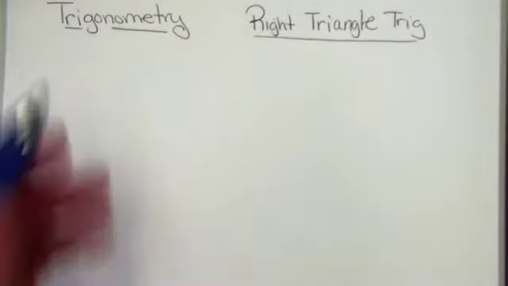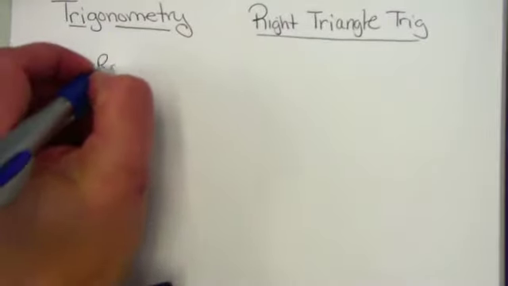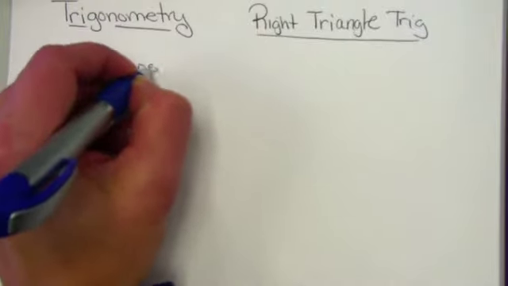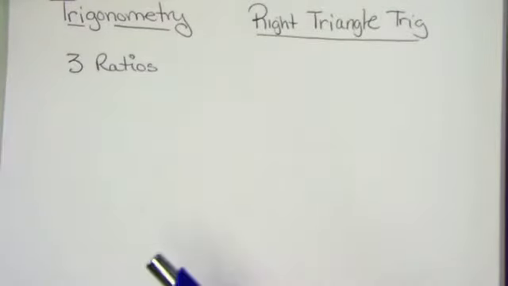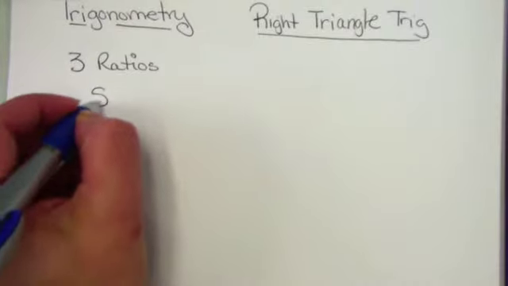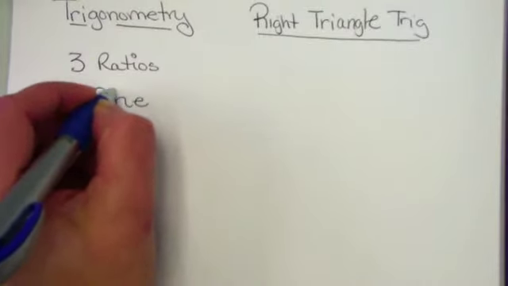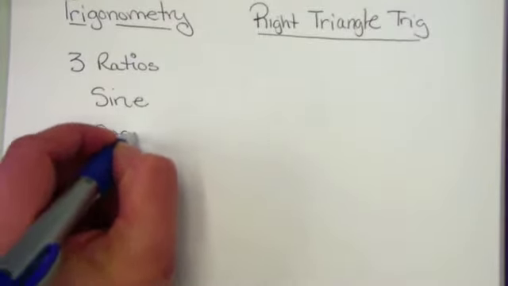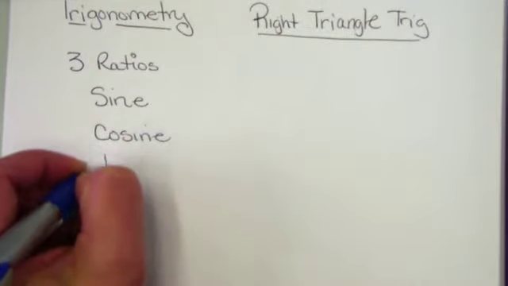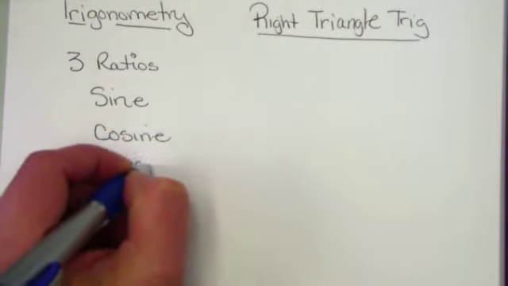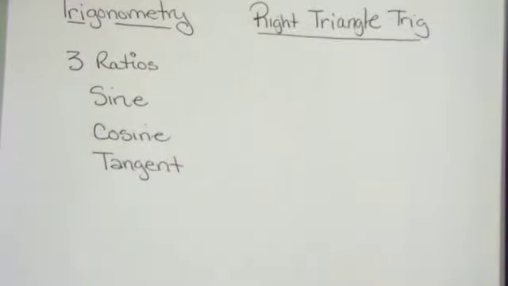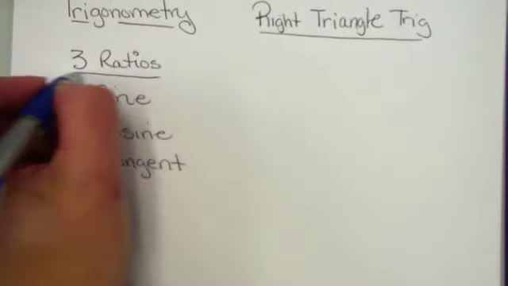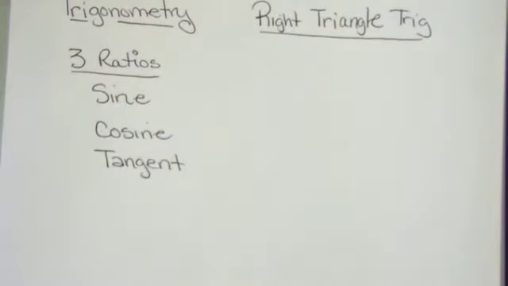All right, in trigonometry, there are 3 ratios, or 3 trig functions, and they are the sine, the cosine, and the tangent. Our 3 ratios are all going to relate to an acute angle in a right triangle.